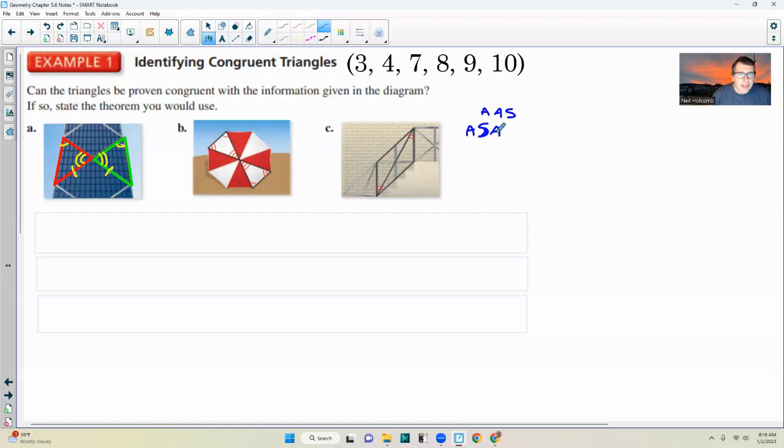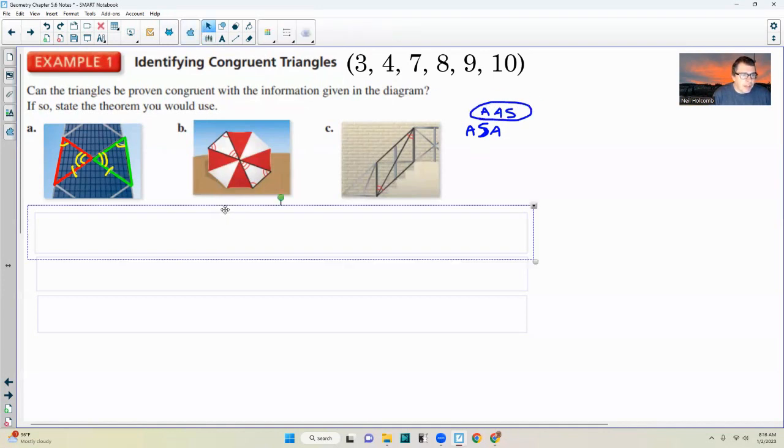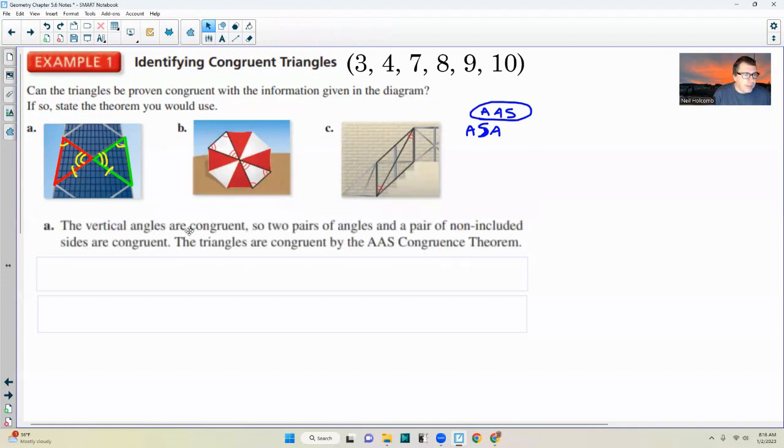Is the side included or is it not included? Well, we have two angles, so we have two A's. We have two angles and a non-included side. So that would be angle, angle, side. So then the explanation is: the vertical angles are congruent. So two pairs of angles and a pair of non-included sides are congruent. The triangles are congruent by the angle, angle, side congruence theorem.